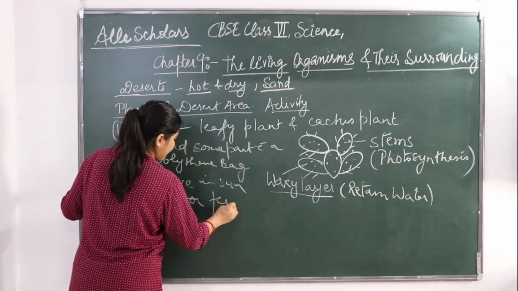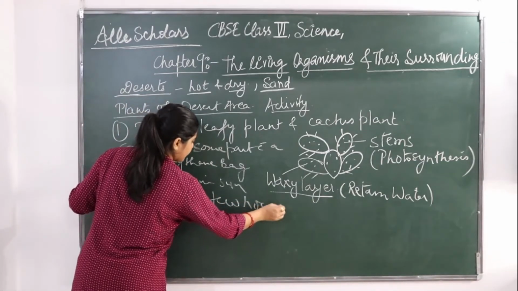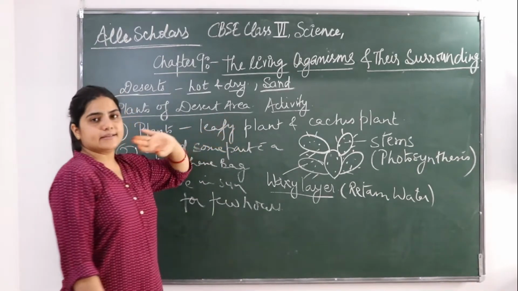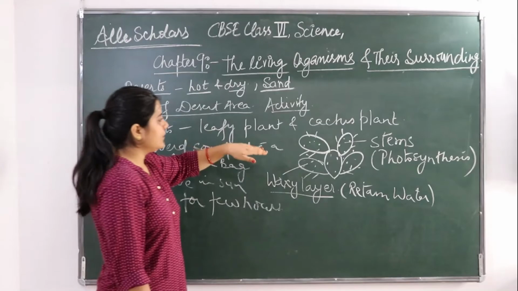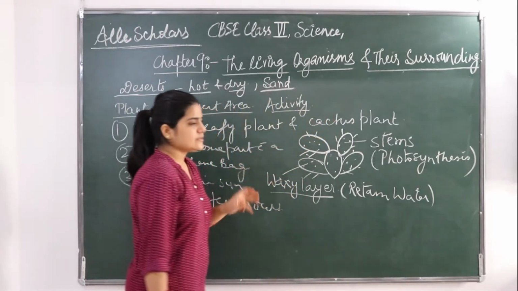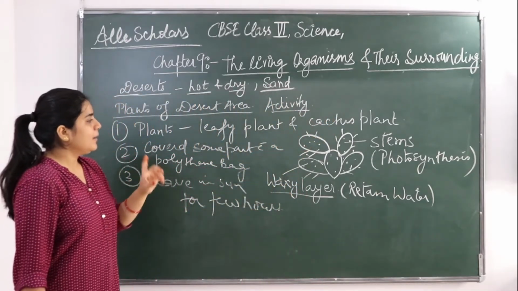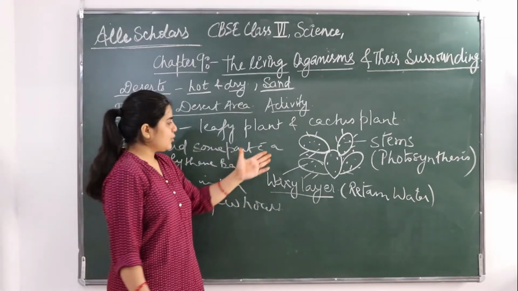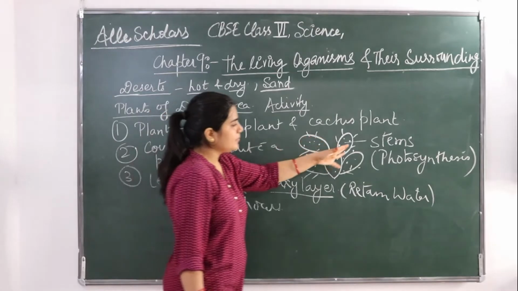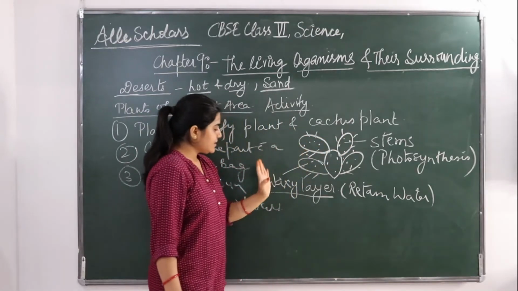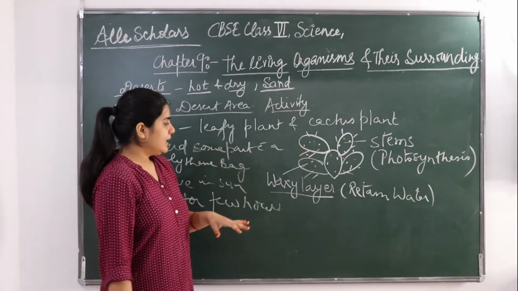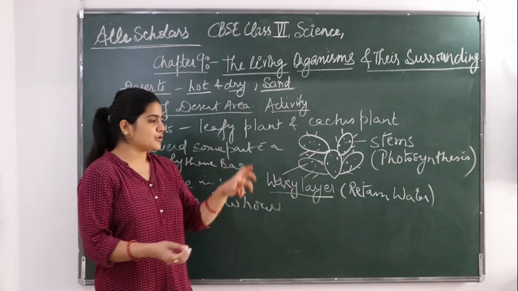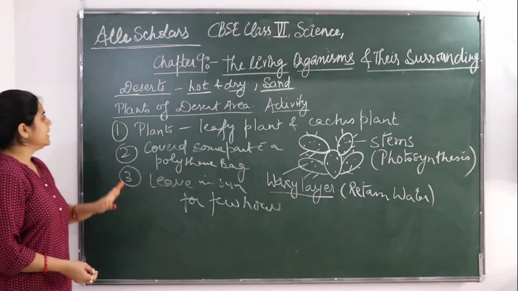Okay, so what we are going to see is that this leafy plant loses much of the water, whereas this cactus plant loses very little water. This is because these cactus plants have their leaves modified into a stem. Okay, and these stems have a waxy layer which helps to retain water, and the photosynthesis process is also carried out in this stem.